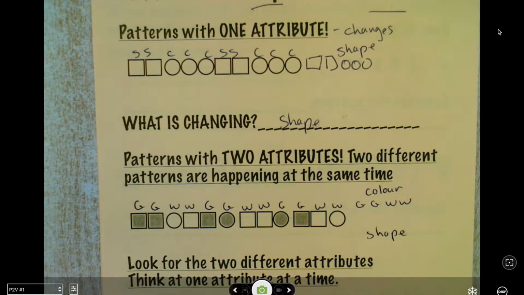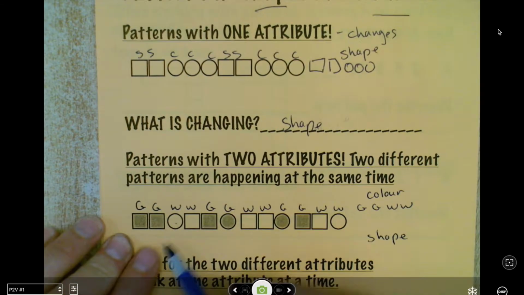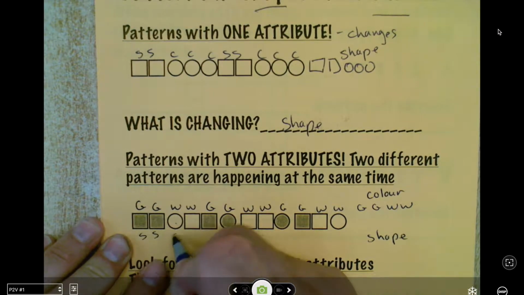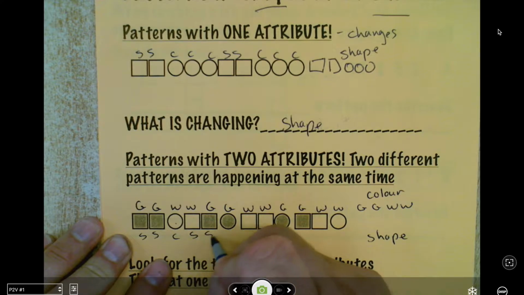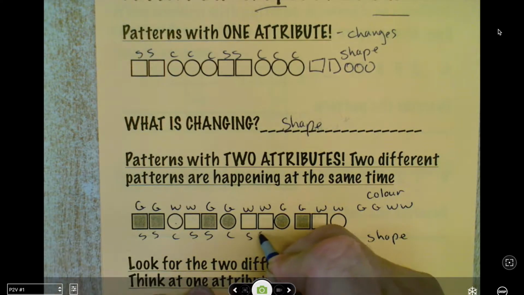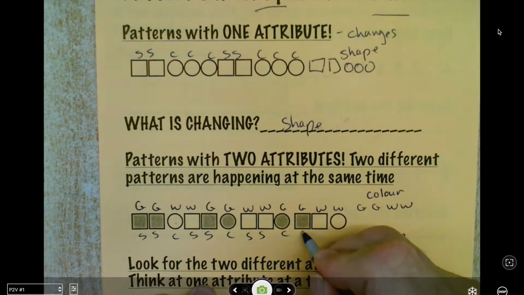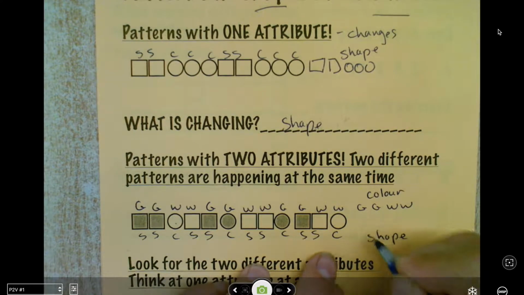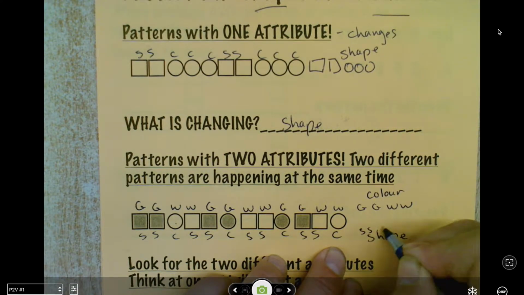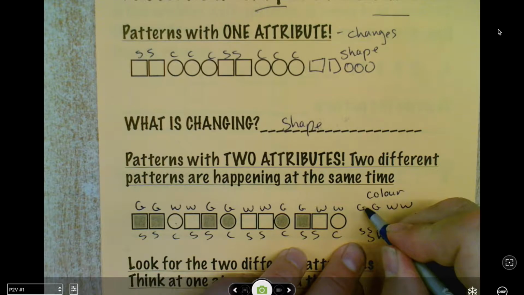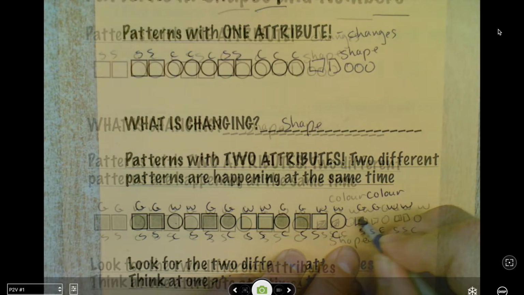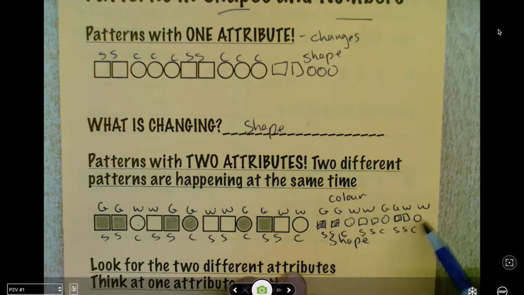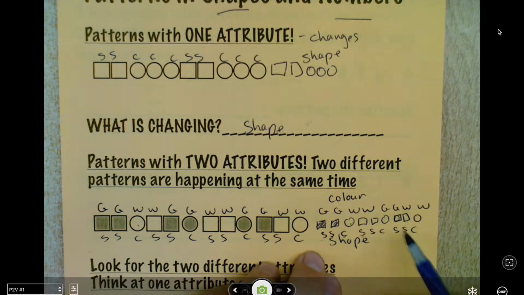Now I'm going to do shape. Square, square, circle. Square, square, circle. So I need a gray square inside here. When I add the patterns on top and the bottom, I can start filling in what the shapes are.